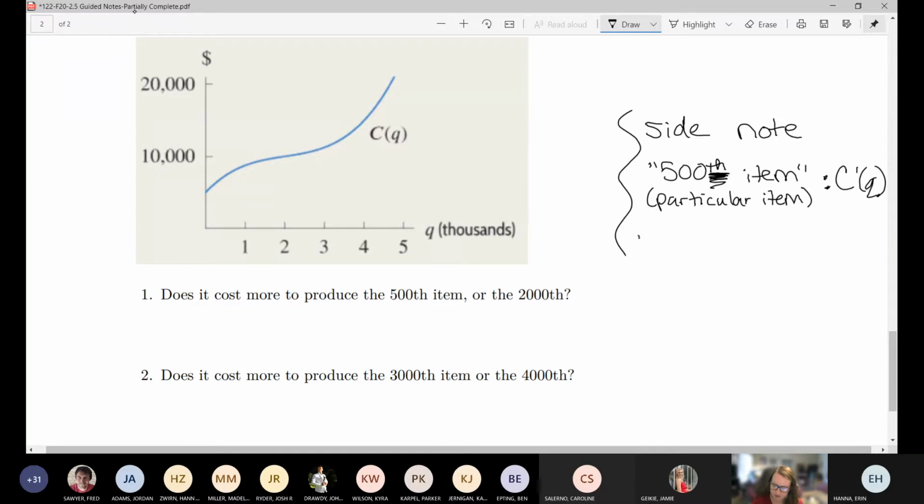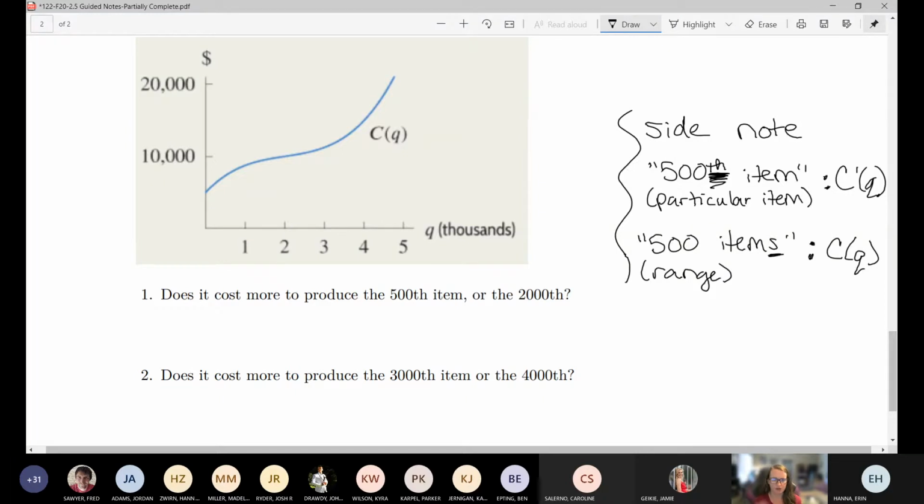Whereas if it talks about something like 500 items, kind of a range, all of the first 500 items, then that would most likely refer to just the regular cost. So you have to read it carefully to figure out if they're talking about the derivative or the regular. Since they're talking about producing very particular items, we want to talk about the derivative.